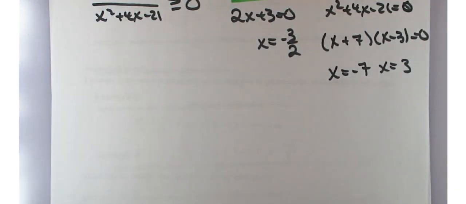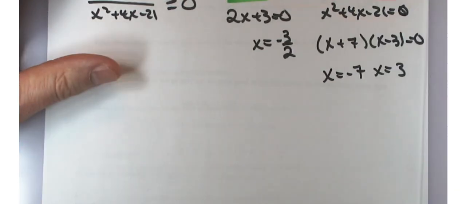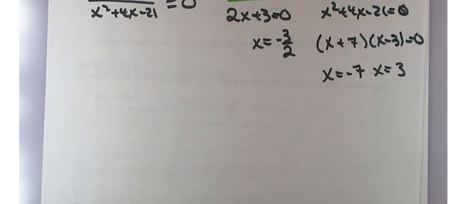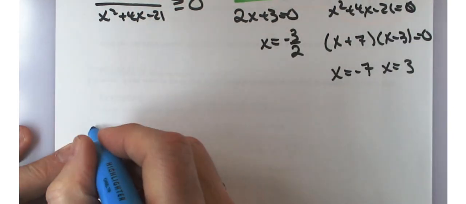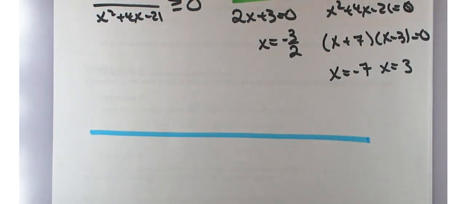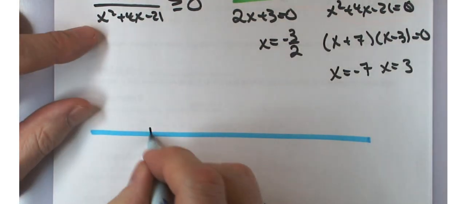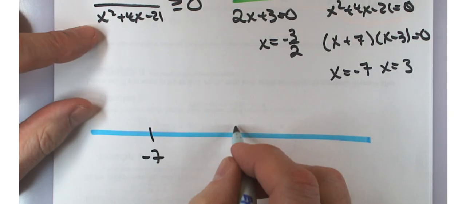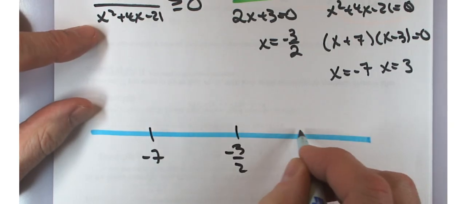So let's put out our number line, and then I'm going to draw our intervals as well. Nice long number line here. We've got points at negative 7, negative 3/2, and positive 3.